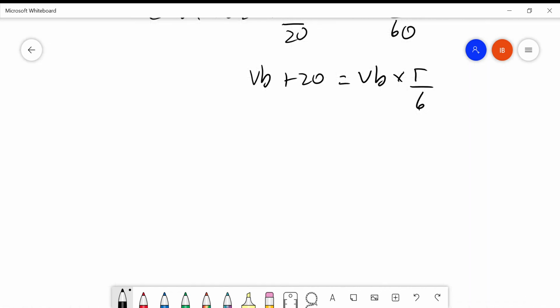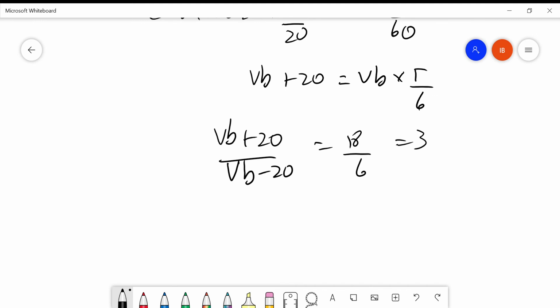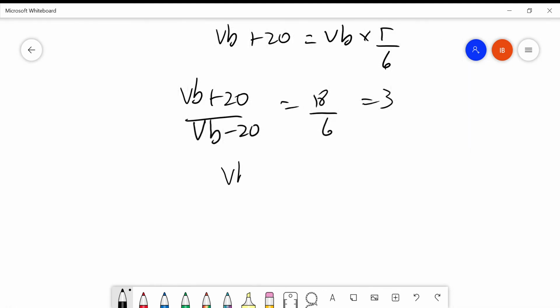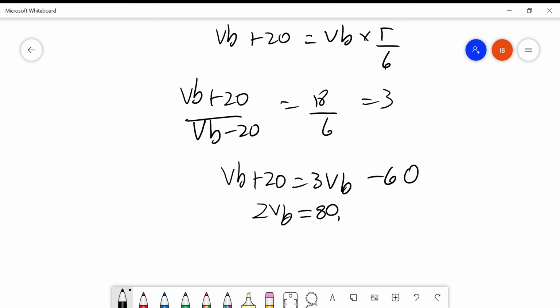Now dividing equation 6 by equation 3, VB plus 20 divided by VB minus 20 is equal to 18 by 6, that is 3, and VB plus 20 is equal to 3 VB minus 60. Solving this, 2 VB is equal to 80 and VB is equal to 40 km per hour.